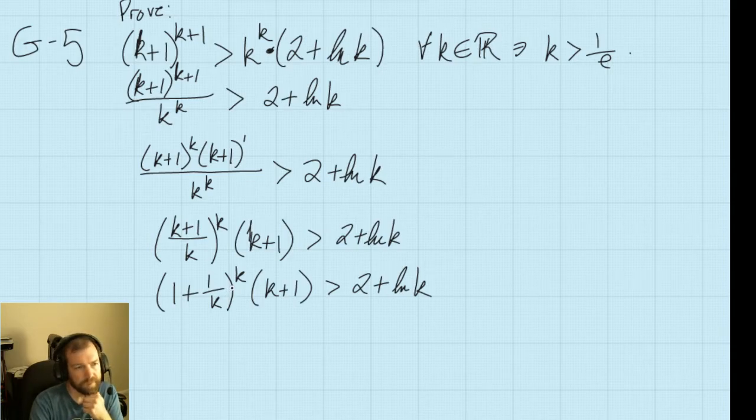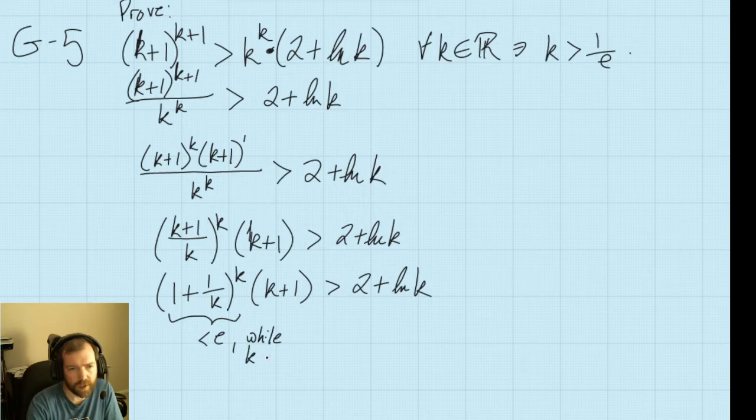This term here will always be less than e while k is finite. That might have actually just cracked it. I never actually wrote it like that before.